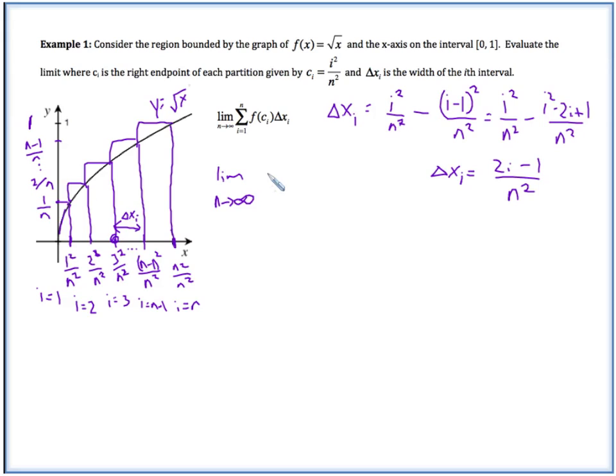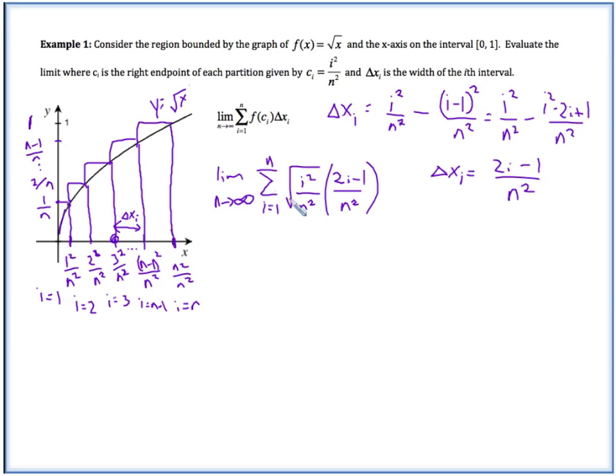All right, and so here we have the sum i equals 1 to n, and then f, well, our function is the square root, and it's of c sub i, and c sub i is i squared over n squared. Okay, and then this is times delta x sub i, so that's 2i minus 1 over n squared. Okay, so let's go ahead and find this limit. This is your Riemann sum here.